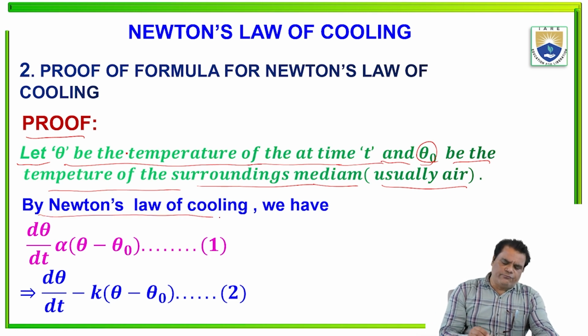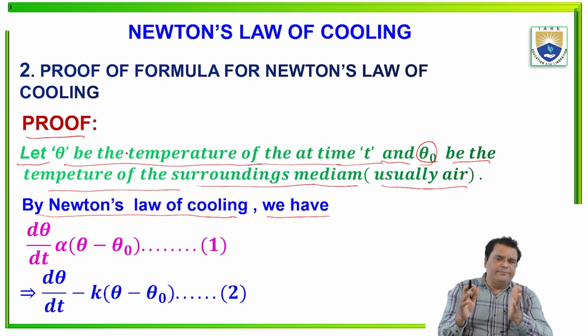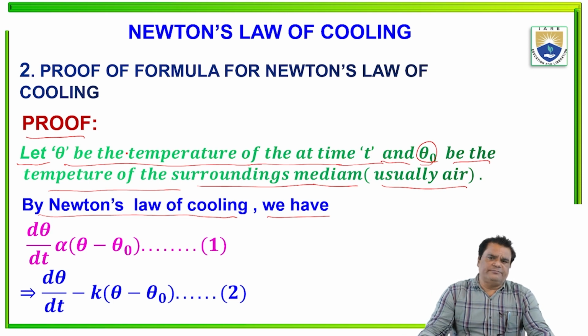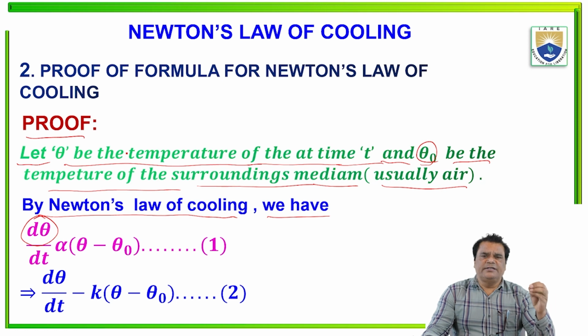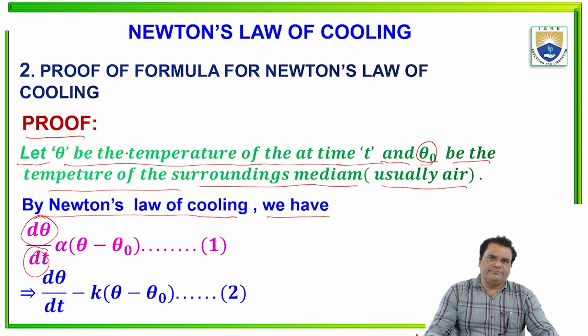So by Newton's law of cooling, according to the statement, the rate of change in the temperature of the body. Rate of change means between two times, what is the change in the temperature of the body? So here we are considering d theta. D theta is the change in the temperature of the body, and dt is the difference between two times.